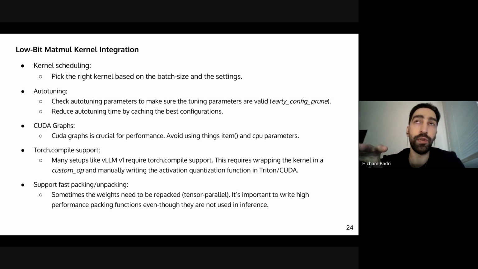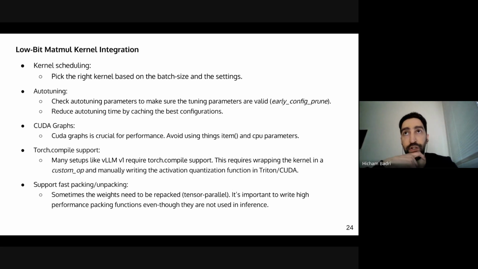Here I just showed you 3 kernels, but depending on the GPU and the quantization settings, you might need to write other kernels. I didn't talk about it here because we don't have the time, but if you really want the best performance, you need to write different versions, and decide based on the settings which one to use.